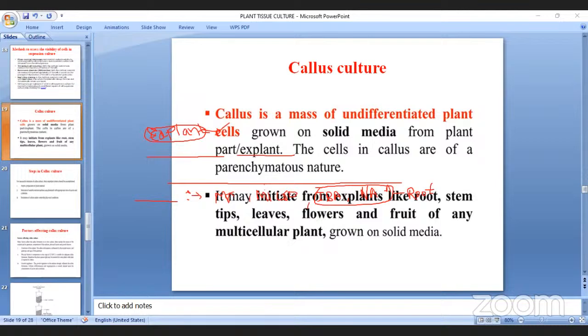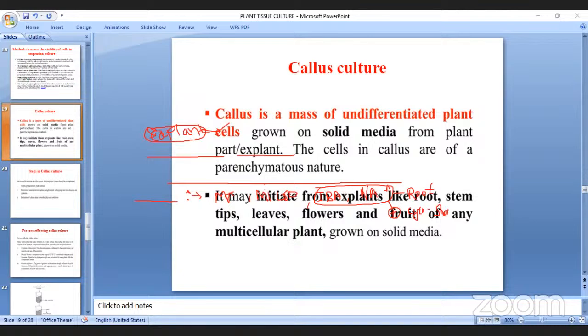When you add cytokinin to these high concentrated auxins, now shoot formation occurs.